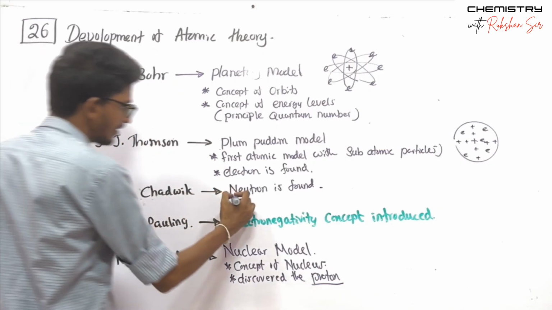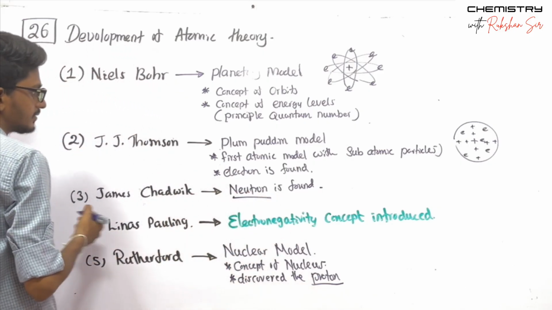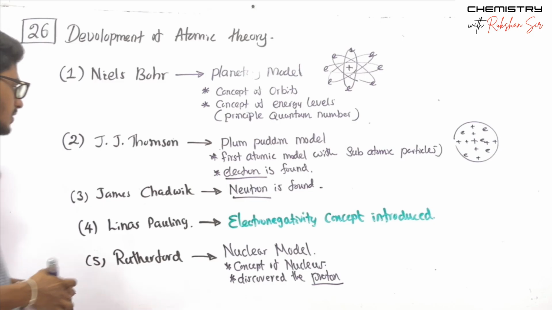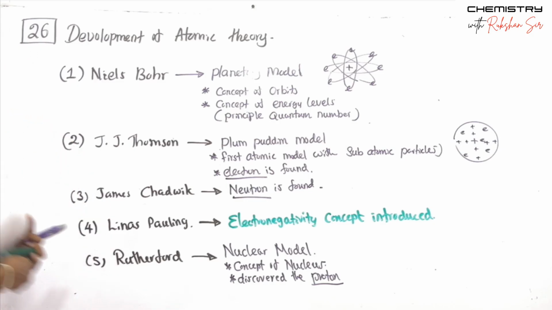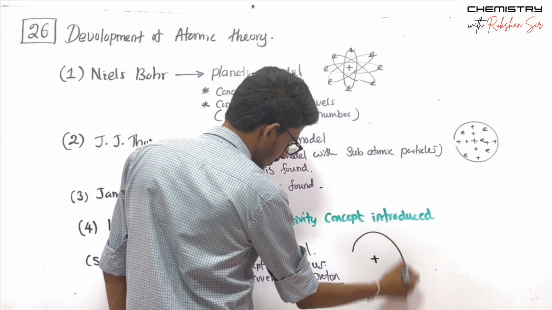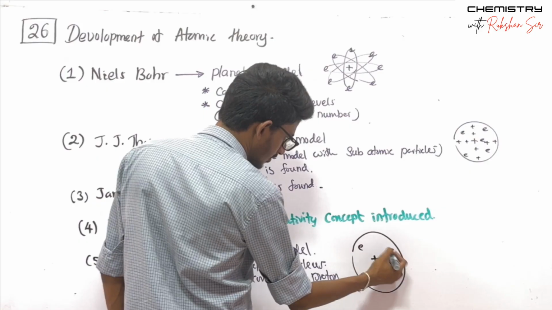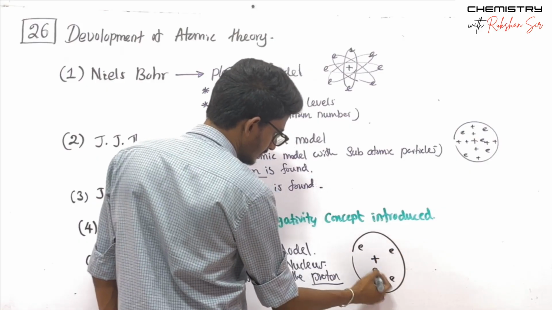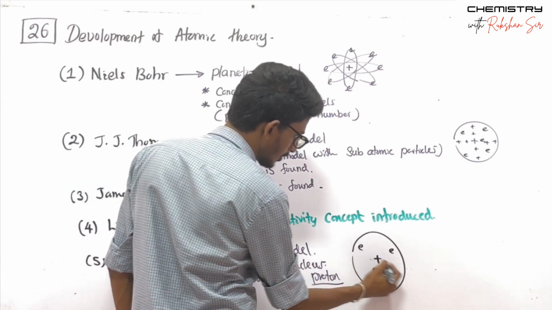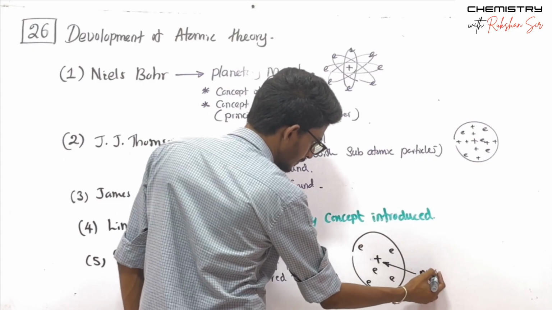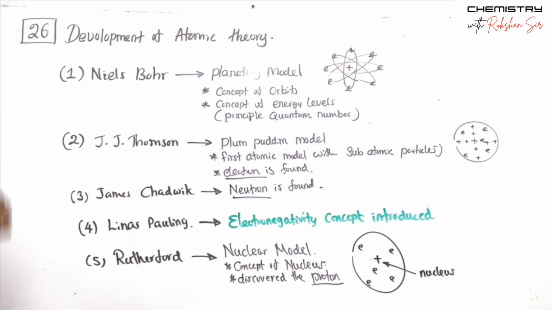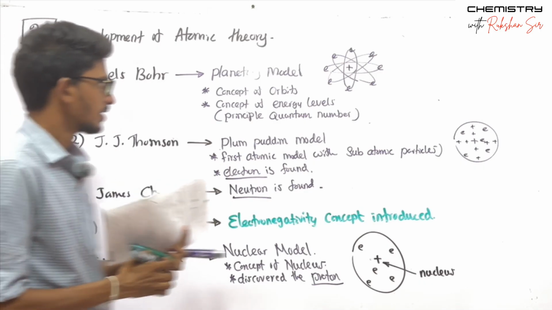The neutron was found by Chadwick, the electron was found by Thomson, and the proton was found by Rutherford. Contribution was there to the atomic theory. So Rutherford's model was like this: nuclear model, the nucleus was there, electrons are here and there. He was the one who introduced the nucleus.